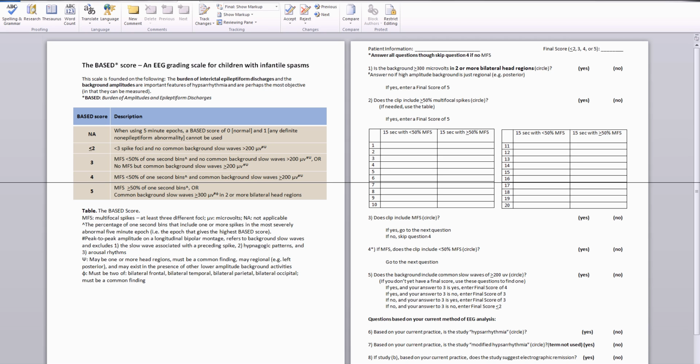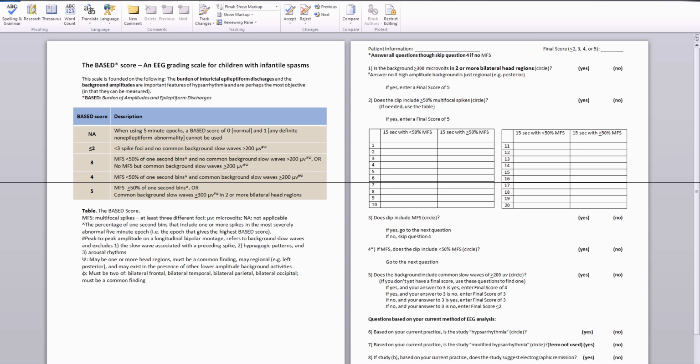Second, when determining the percentage of 1-second bins with an epileptiform discharge, we assess this within the most abnormal 5-minute epoch of the study. In other words, we use the epoch that gives the highest possible BASE score. Later I will show you how to assess the burden of epileptiform discharges when the percentage of 1-second bins with an epileptiform discharge appears to approach 50%.